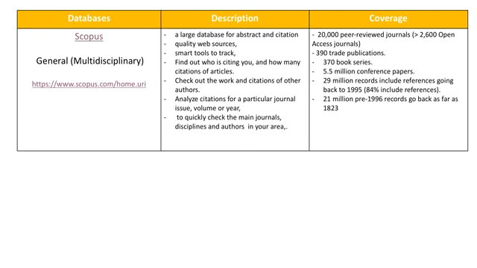You can find who cited you. You can find your citations, your H-index. You can check out the work and citations of other researchers. You can analyze the citations of a particular journal, and you can search by author name, journal name.